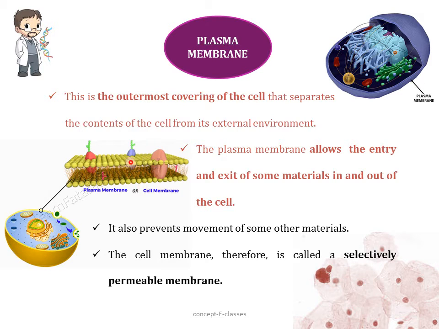It also prevents the movement of some other materials, like certain sugars or amino acids. So we can say that the cell membrane is a selectively permeable membrane because it doesn't allow every molecule to enter in or out of the cell.